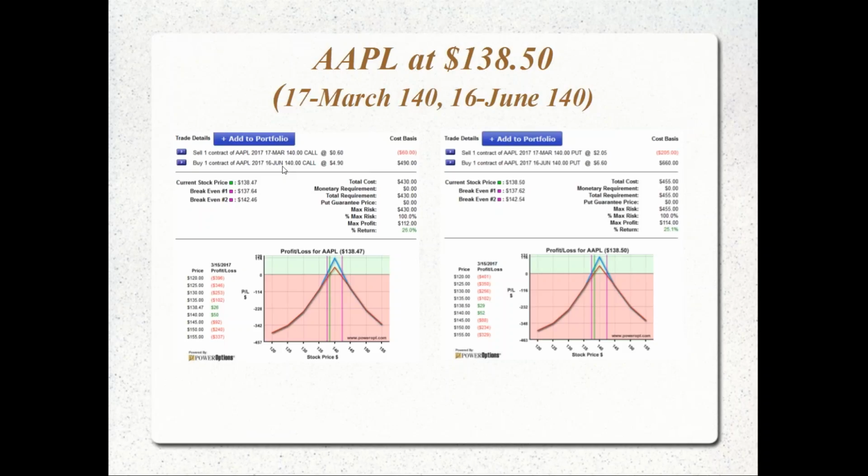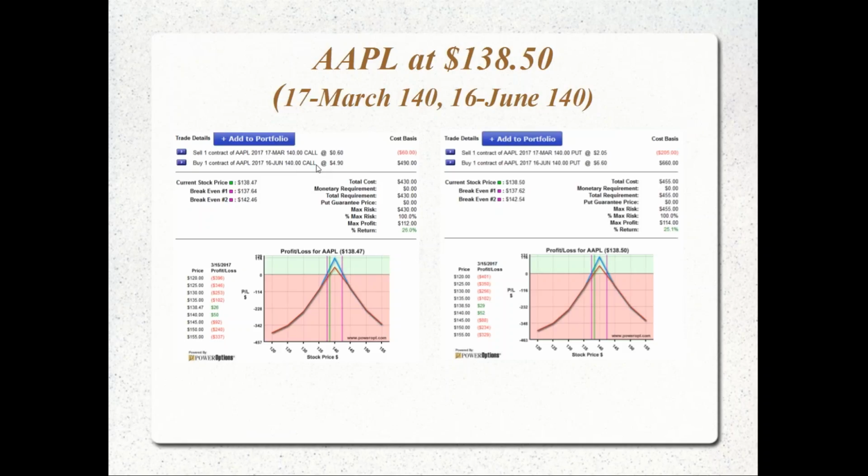But in this example, we're looking at a side-by-side comparison. If I bought the June 140 call for 490, we have a debit of 430 with a chance to make 26% maximum return at Friday's expiration. Well, the key is that that return is based on the remaining long call value that we would have.